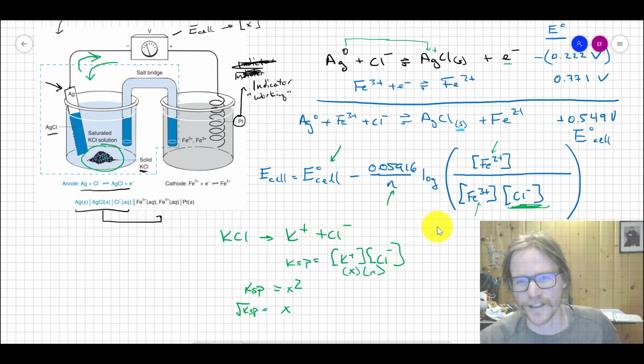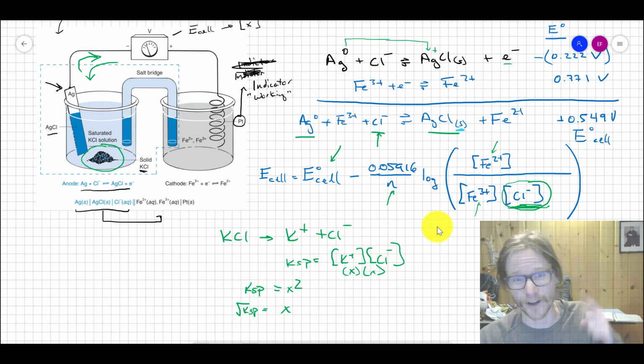Our half reaction contained a solid and a solid species, the only aqueous species that would show up in the Nernst equation is fixed in concentration. That's clever, right? Because these two are solids, they don't affect the activities in the E cell, and because the chloride is fixed by Ksp, it also doesn't affect it. It's fixed. We could just as easily pull this value out and not even consider it.